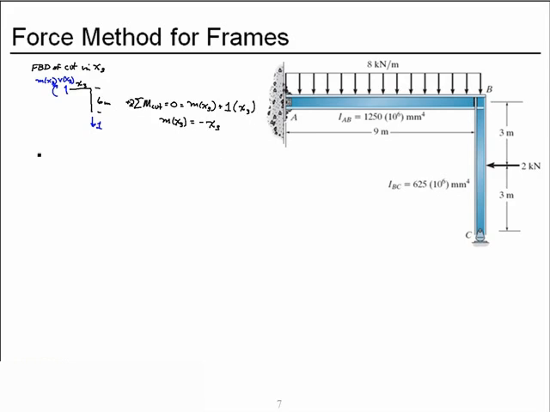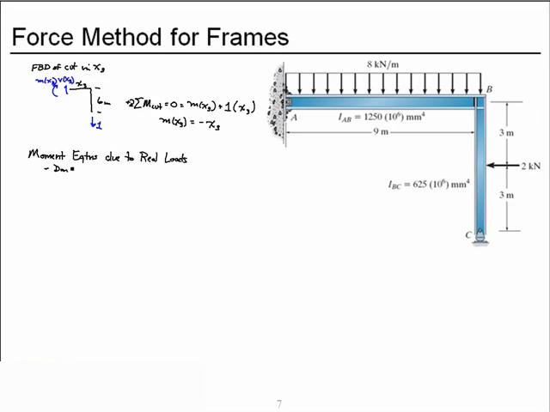Now that we have all of our moment equations due to the virtual load, let's get our moment equations due to the real loads. The uniform distributed load and the concentrated load. Now let's point out and save a little bit of trouble here.